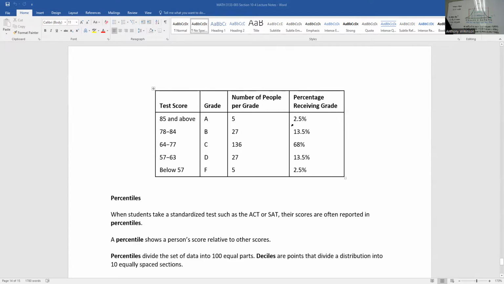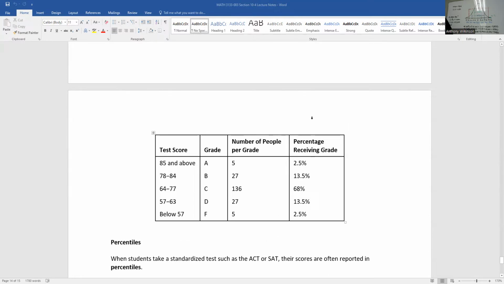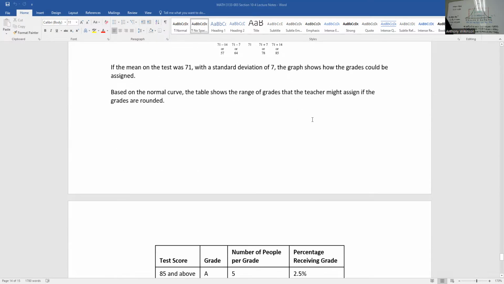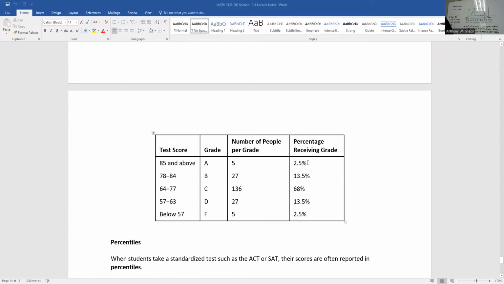And of course, if 2.5% of 200 students in the class, I think it's 200, 2.5% of 200 would mean that 5 students will get an A. Then 13.5% of 200 would be 27 for a B and 27 for a D. That means 27 students will end up getting a B, and also 27 students will get a D. And I also should include, since this is 2.5%, 2.5% of 200 would be 5.